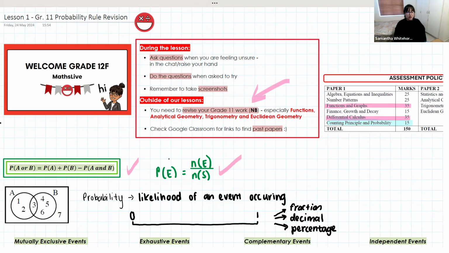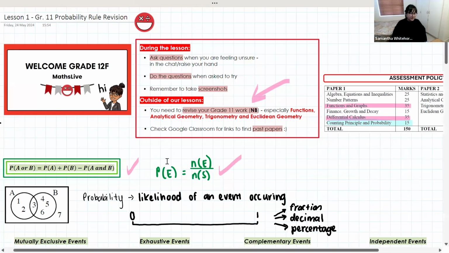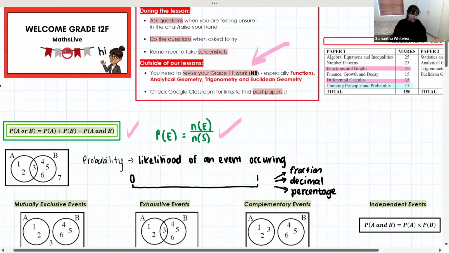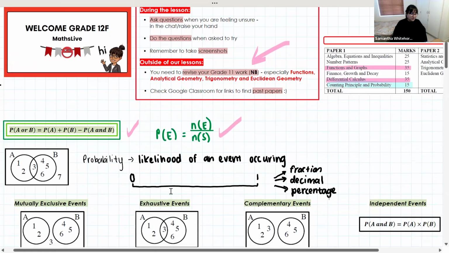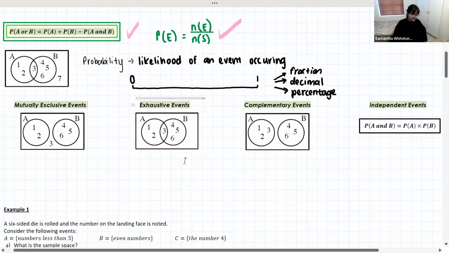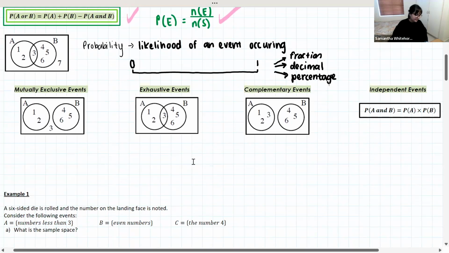Only time we will mark you according to format of your answer is if the question had, for example, said, calculate the probability as a decimal of this event occurring. Because then in the question we said as a decimal, we expect you to write it as a decimal, and then we're going to mark you accordingly. But if it doesn't say, makes no difference which one you want to go for. Usually we work with fraction and decimal, but again, really makes no difference.